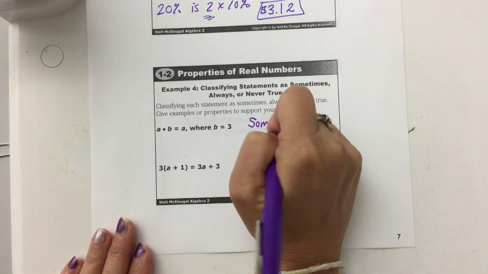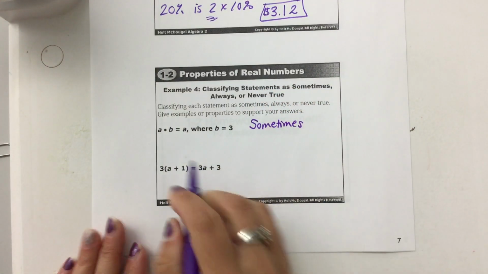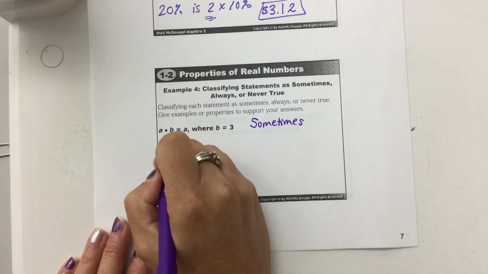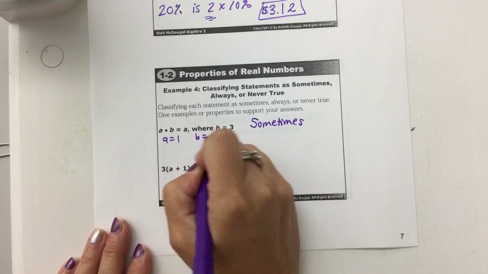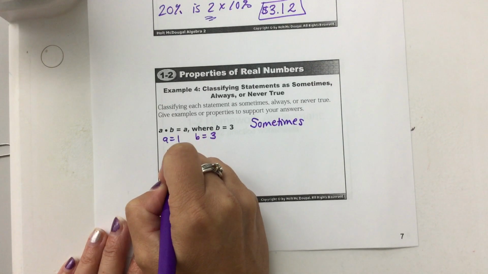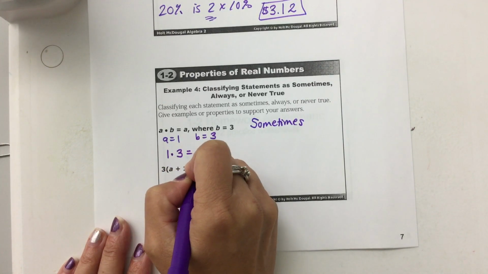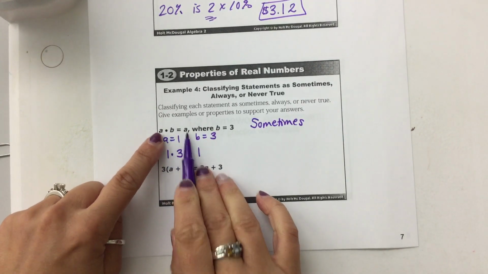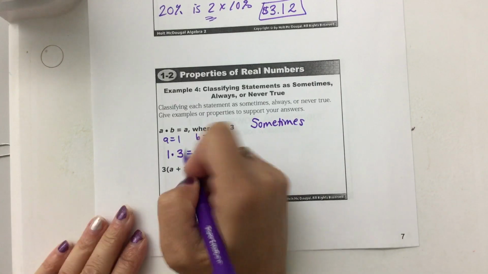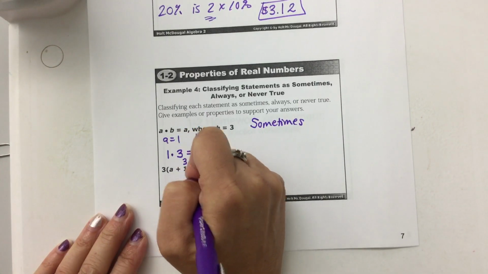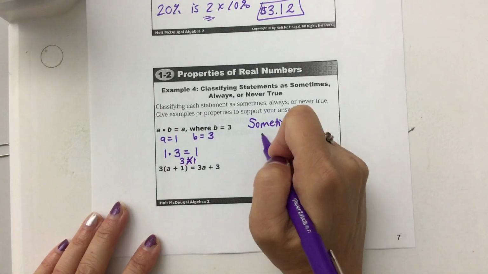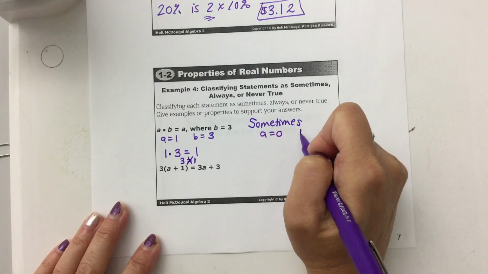This is sometimes. Okay, so if I have, let's say A equals 1 and B equals 3. 1 times 3 equals 1, because A is 1. Well, that doesn't work. 1 times 3 is 3. 3 does not equal 1, so that's no. But what if A is 0?